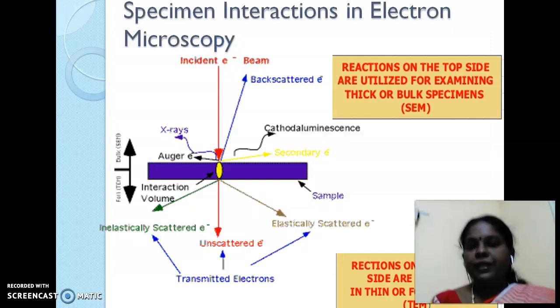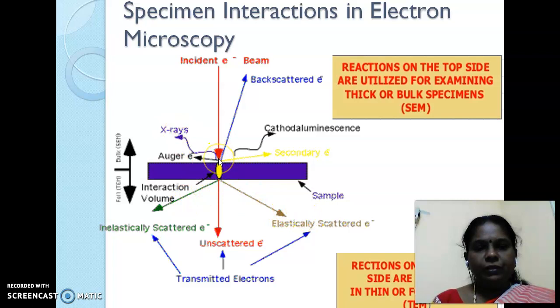The specimen interaction in electron microscopy is the main reason behind which the electron microscope works. Because if the electron doesn't interact with the specimen, it cannot record the image. So these interactions make the electron microscope possible. Now the incident electron beam interacts with the specimen or atoms in the specimen, and it produces many reactions.